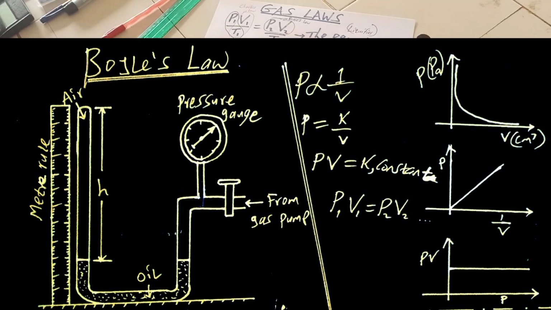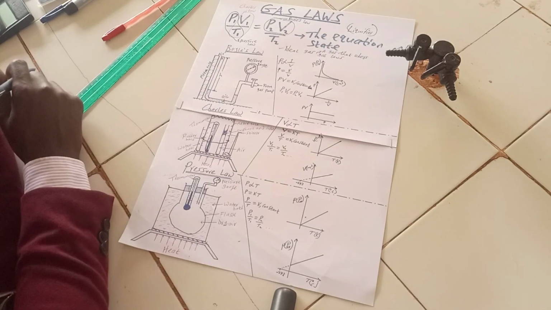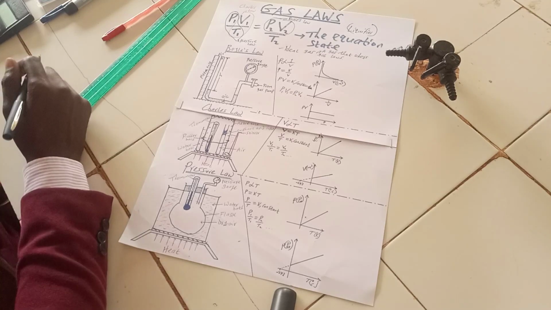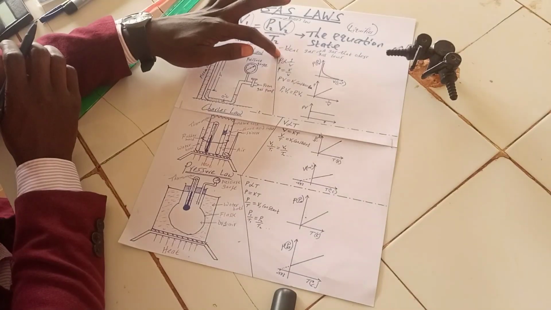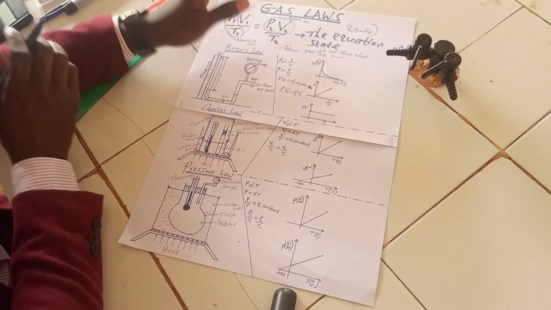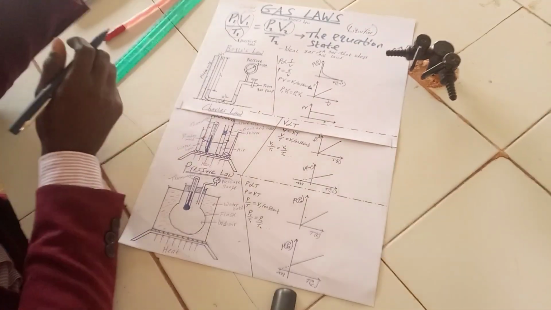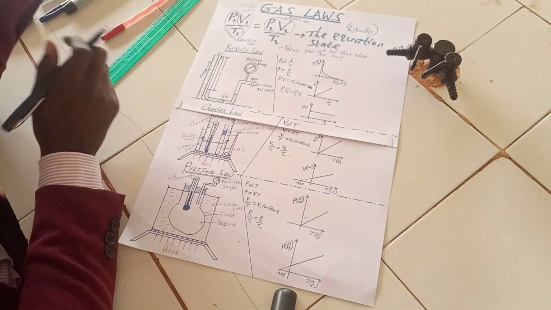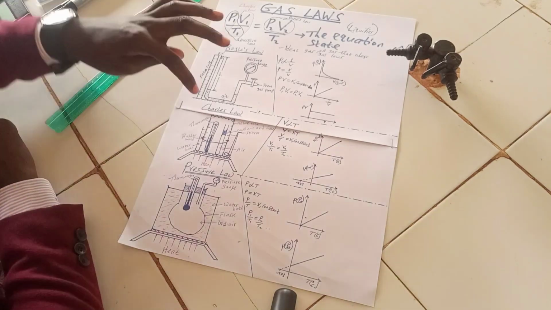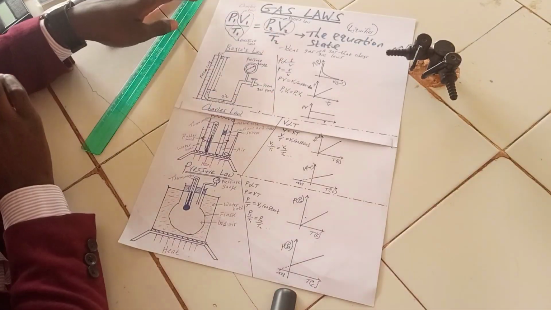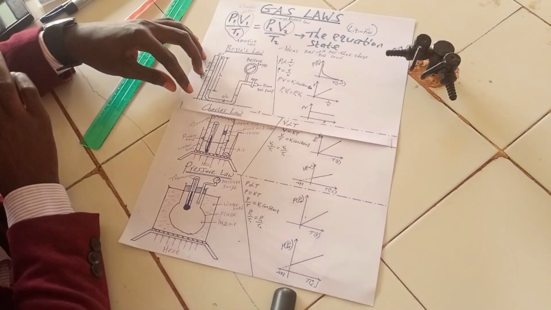So that is the general overview of the 3 laws: Boyle's law, Charles' law, and pressure law. We are saying for Boyle's, pressure is inversely proportional to volume. That means when you compress a balloon, pressure increases, and that's why the balloon bursts. Then Charles' law, volume is directly proportional to temperature.